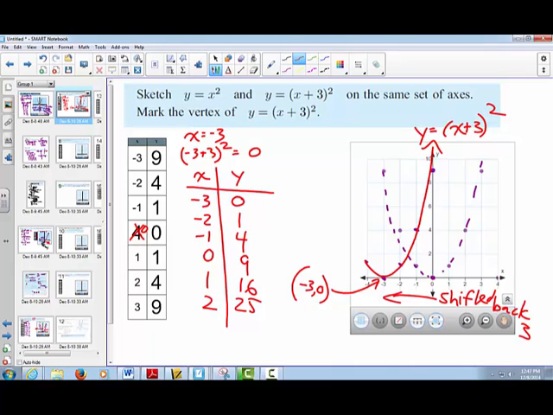When I have a positive 3 here, it's actually x minus a -3, squared. That -3 is my horizontal shift.